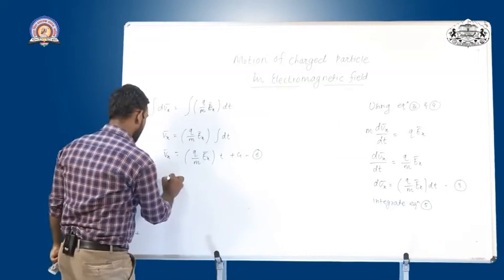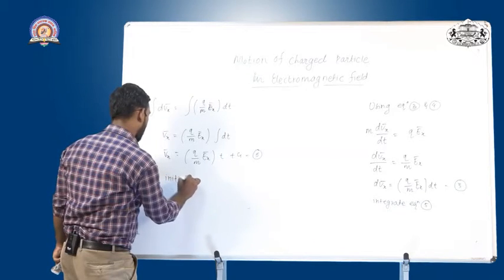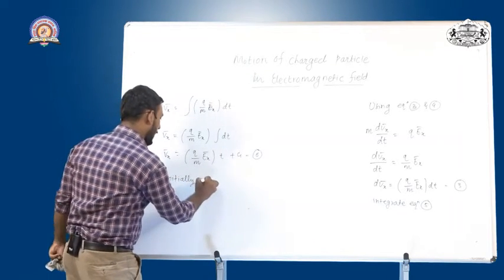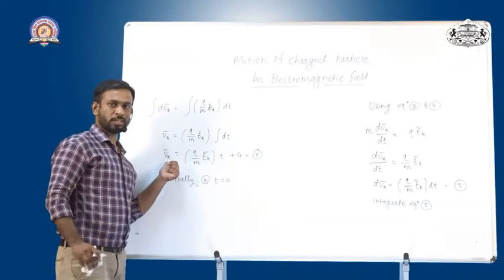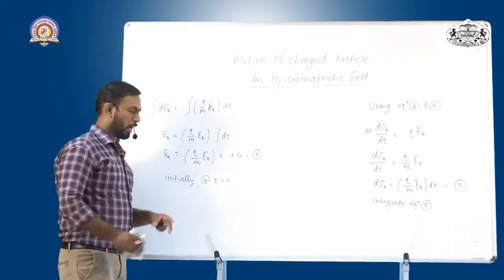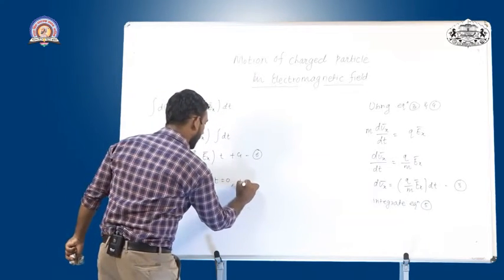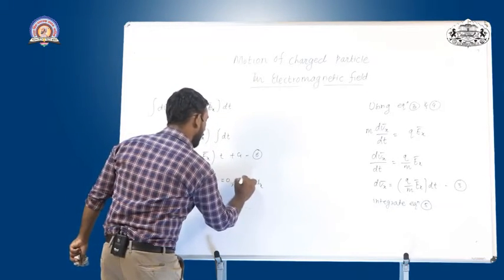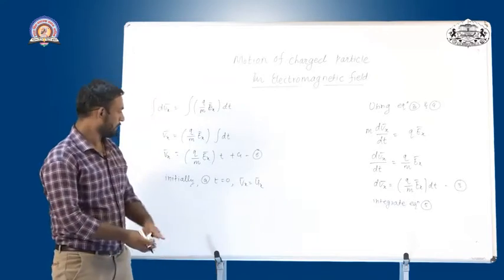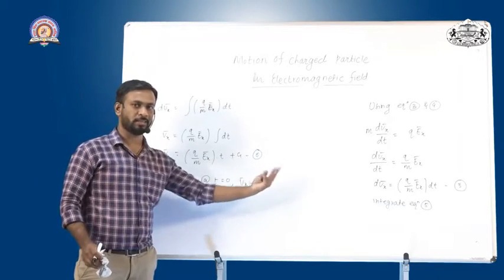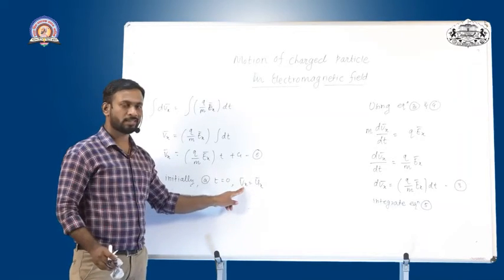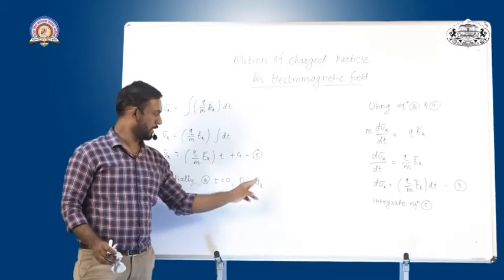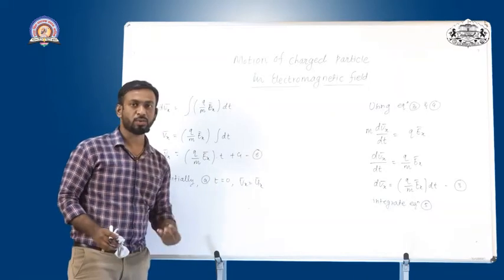Initially, at t equal to 0, what is the value of velocity along the x direction? Vx is equal to ux. We will discuss the difference between these two velocities later. So initially at t equal to 0, velocity along the x direction is equal to the initial velocity, denoted by the notation ux.